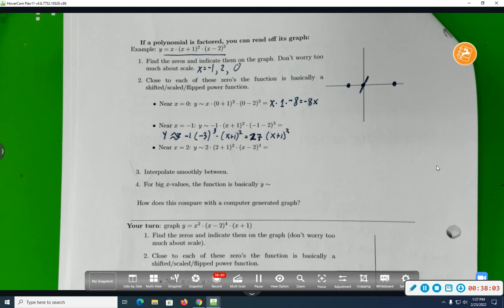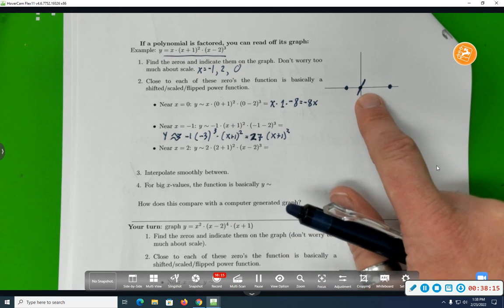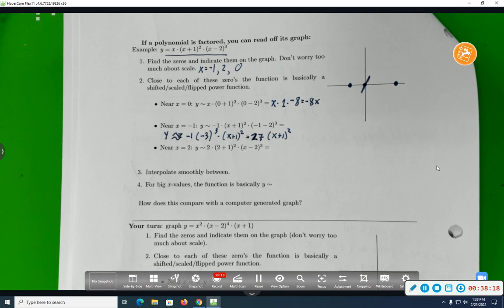I'm going to ask you a question because I'm noticing something that I did that was wrong that nobody called me out on. What have I done that was wrong so far? Does that straight line look like it has negative slope? Does it look like it has positive slope?